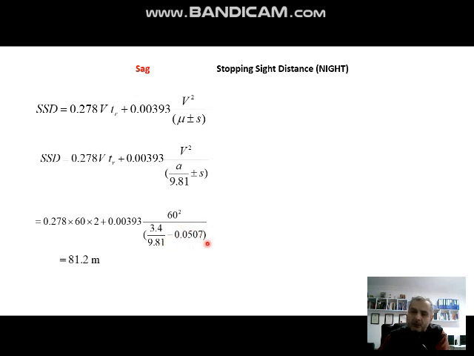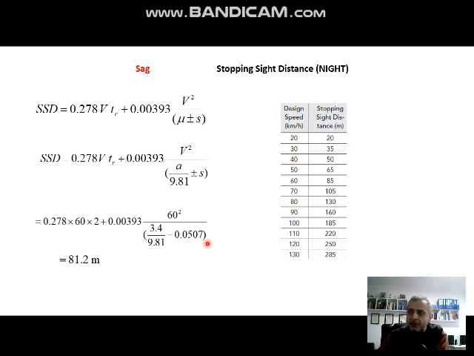The result is 81.2, but according to AASHTO recommendations for design speed of 60, we take the stopping sight distance as 85 meters. There's no problem. It's on the more conservative side anyway.